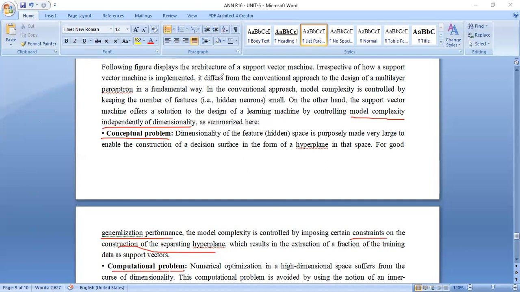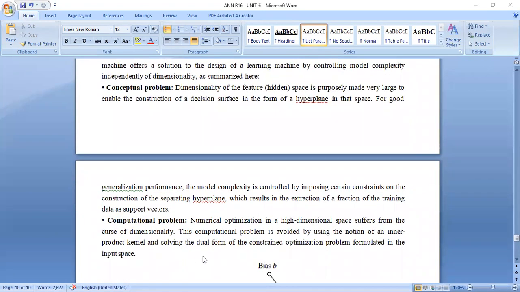And coming to the second one, what is the second problem we may get? That is the computational problem. Computational problem in the sense, curse of dimensionality. Curse of dimensionality means how to reach the numerical optimization if we have a high number of dimensions in our support vector machine.